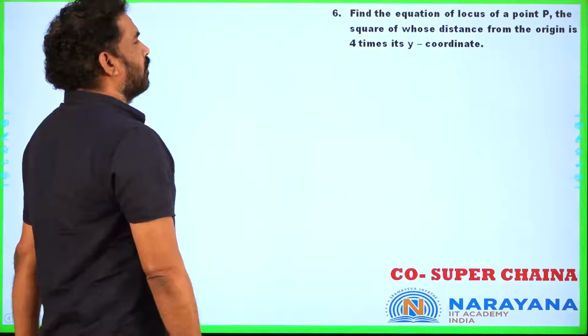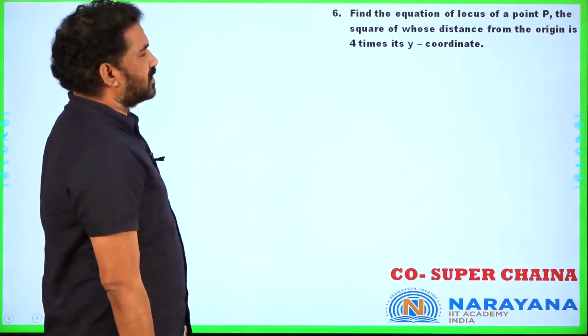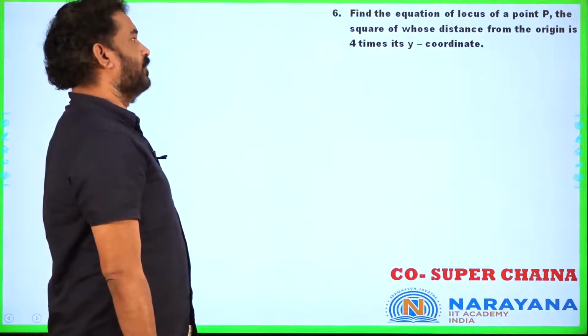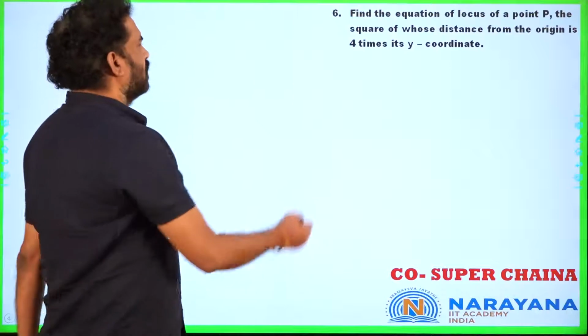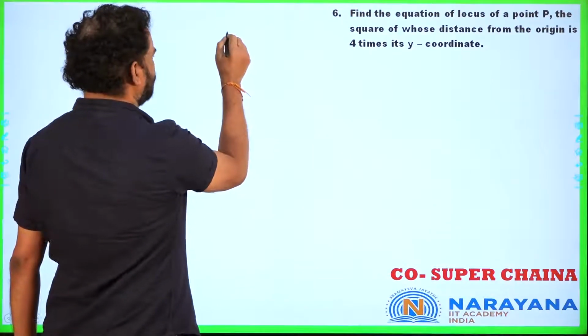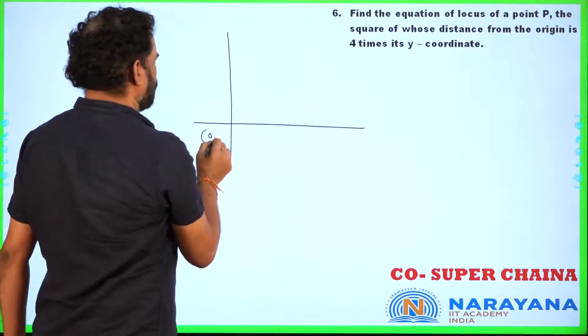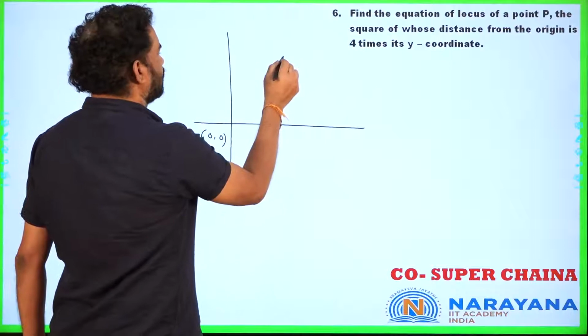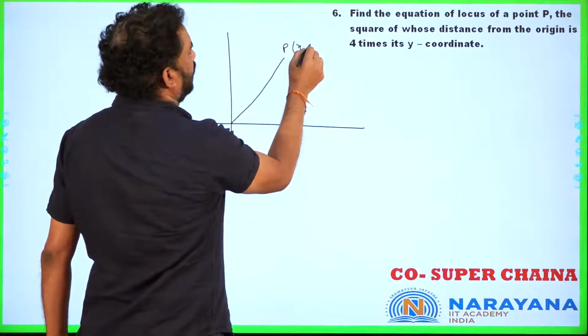Find the equation of the locus of the point P, whose distance from the origin, squared, is 4 times its y coordinate. So if you take the coordinate axes like this, this is the origin (0, 0), and this is the point P. The variable point, let it be (x, y).